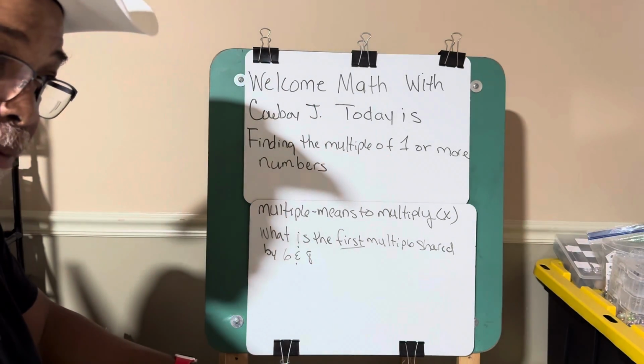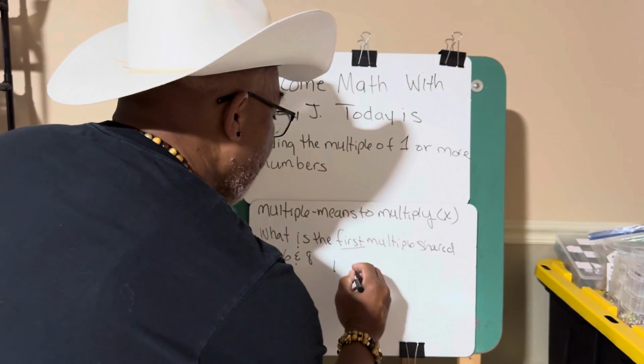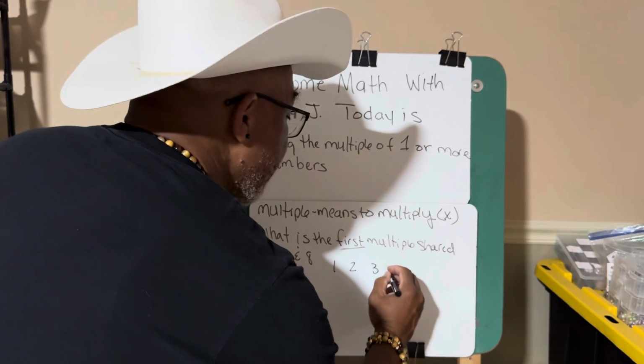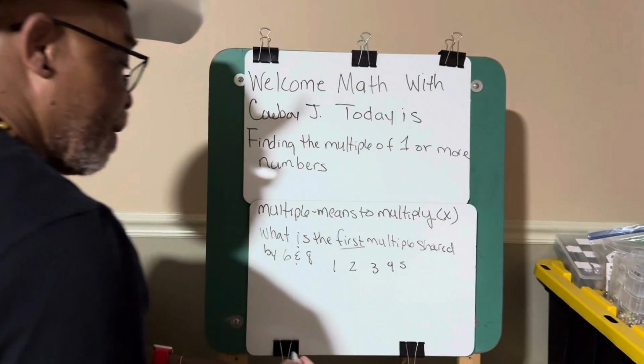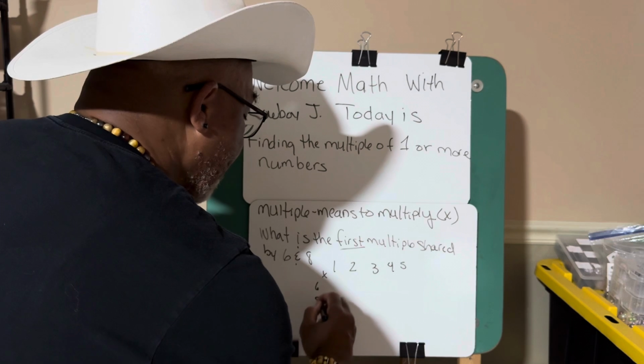So what am I going to write out? I'm going to set up and write out what? You are correct. I'm going to write out 1, 2, 3, 4, 5. My times sign, my 6, and my 8.